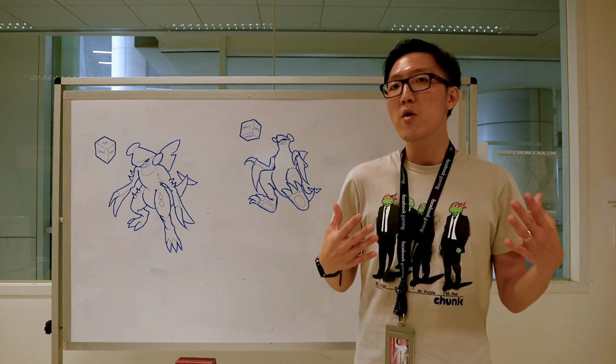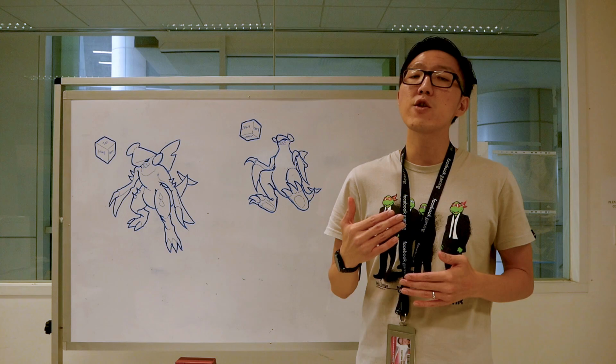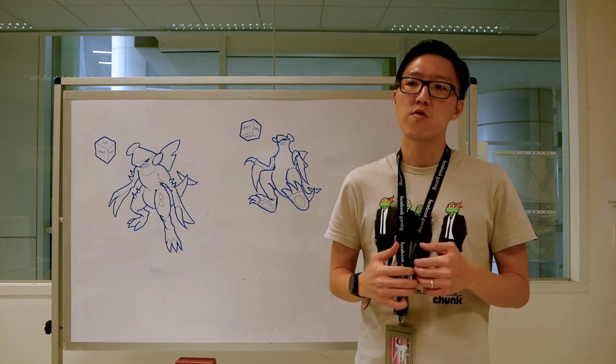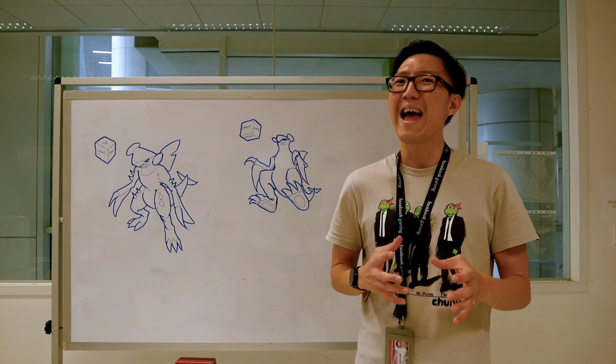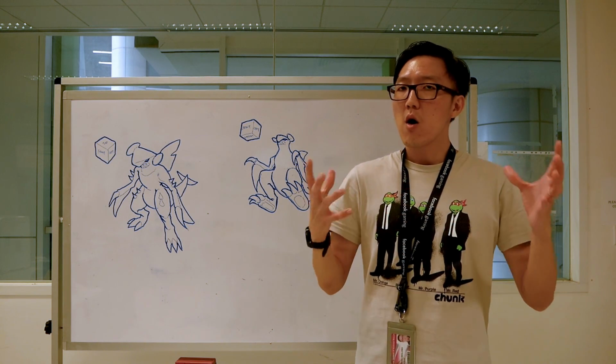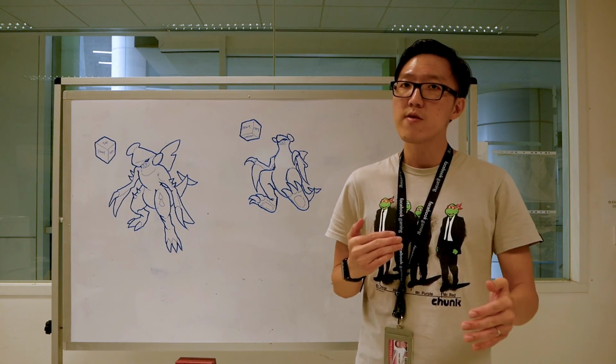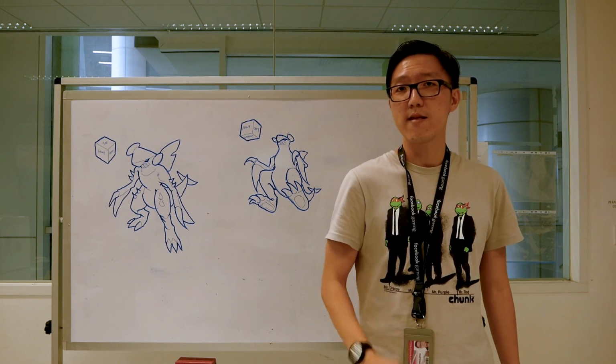Personally, as someone who likes to draw organic stuff, I find it difficult as well to get my drawings to be as accurate in terms of perspective. And all I can say is that, don't give up, continue to practice, and I'll see you next lesson.